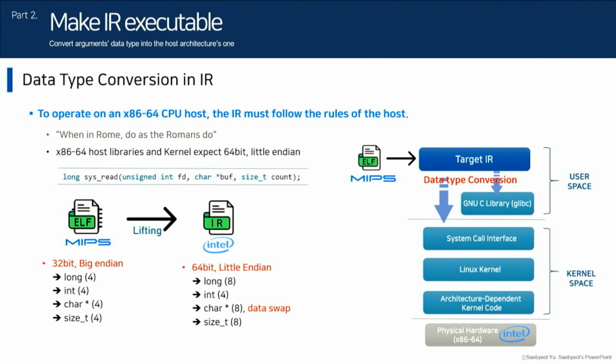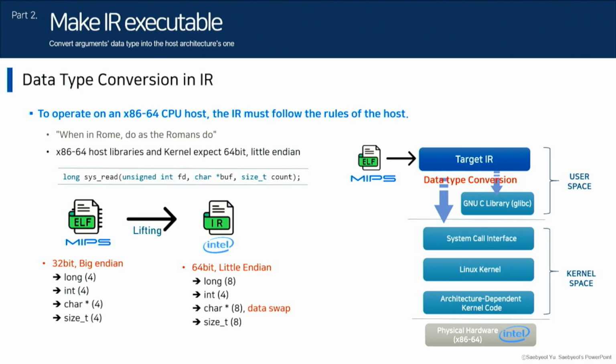For IR to run on the host, it needs to interact with the host environment. This means the IR has to align itself with the data types expected by the host, libraries, and kernel. Consider a system call like the read function as an example.